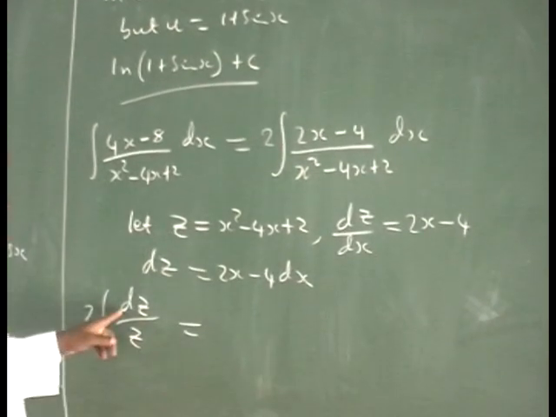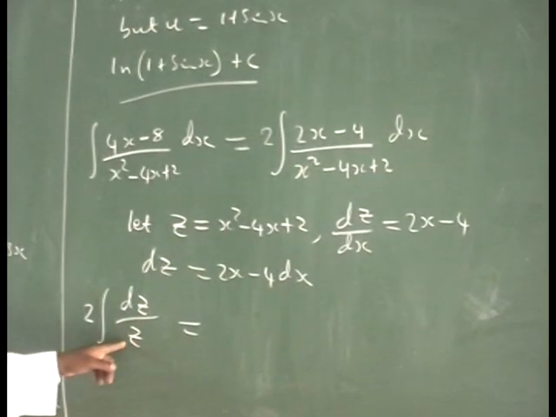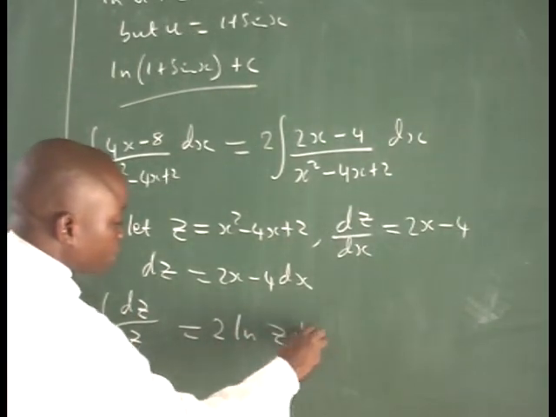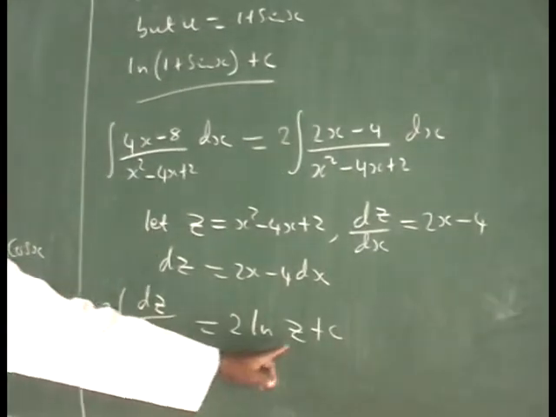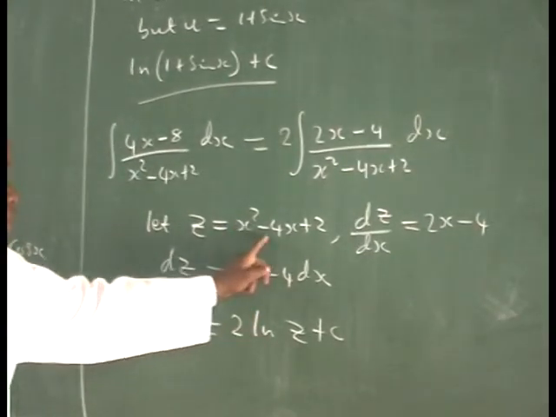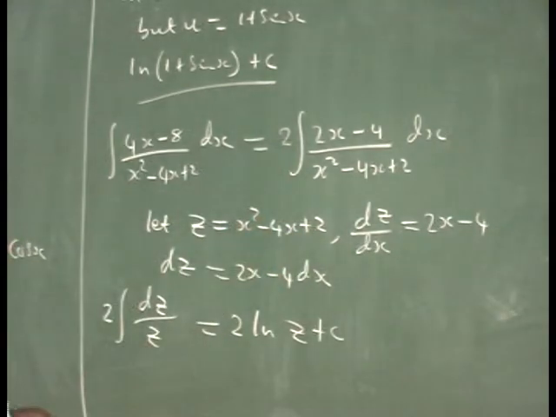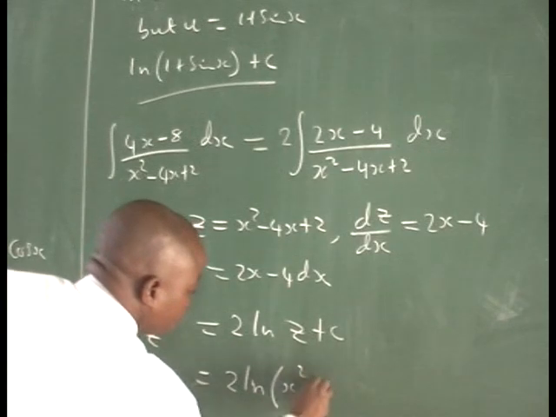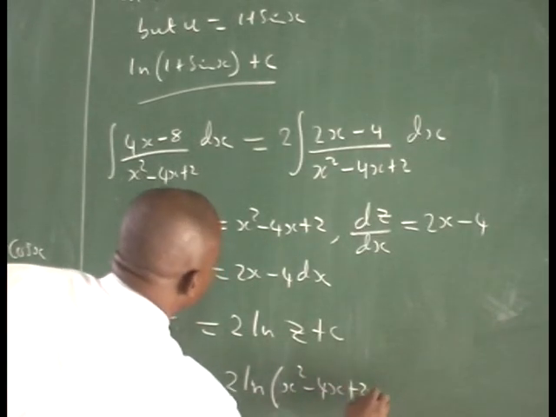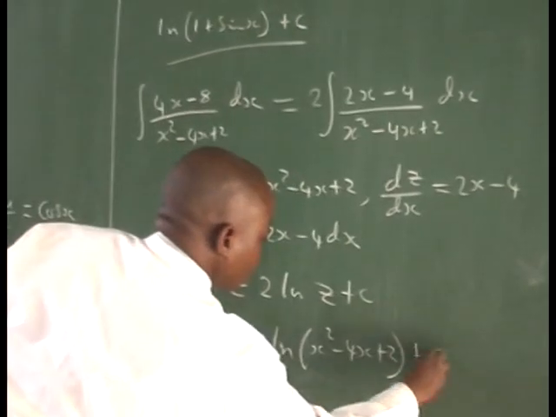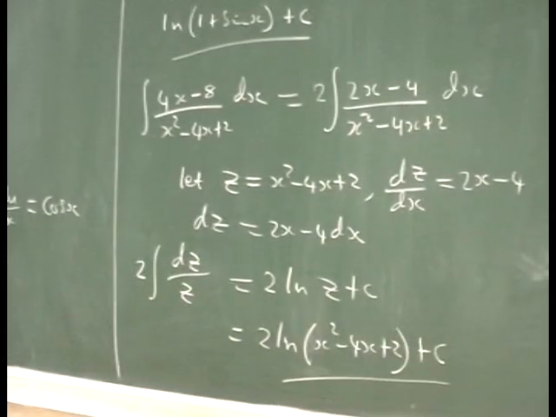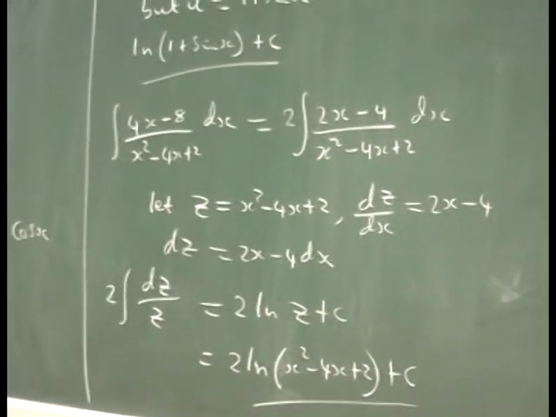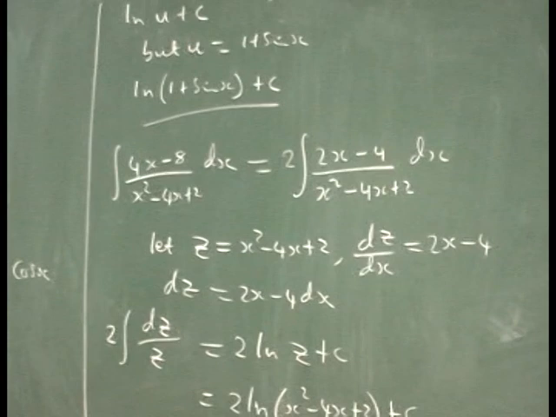If I integrate it, this is 1 all over z dz, so we have 2 ln z plus c. But we know that z is equal to x squared minus 4x plus 2. So that will give us 2 ln of x squared minus 4x plus 2 plus c. So this becomes the result of the integration. That is how it is done. It's very simple to do.